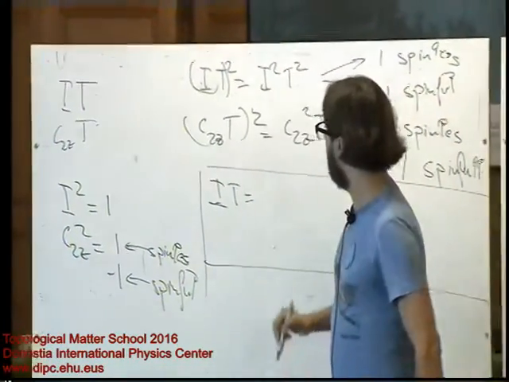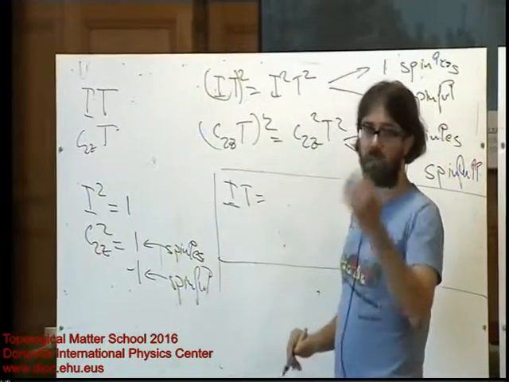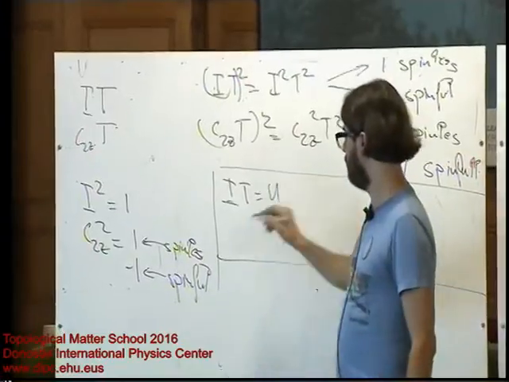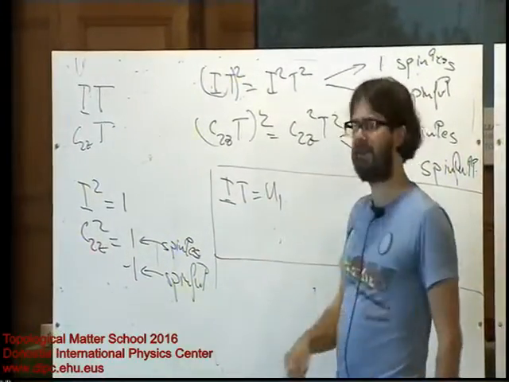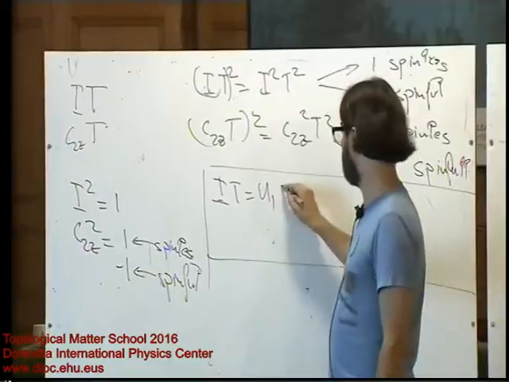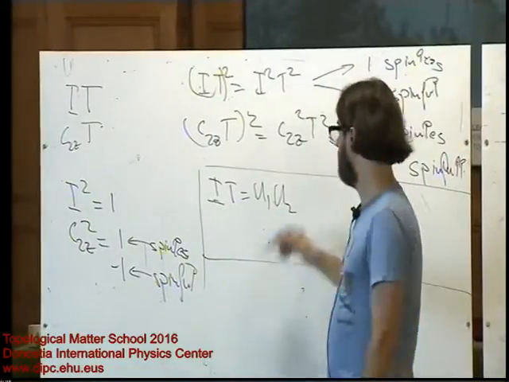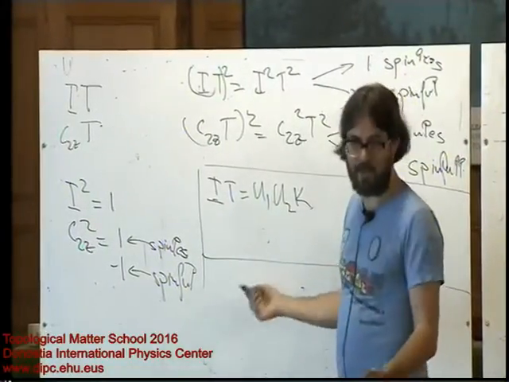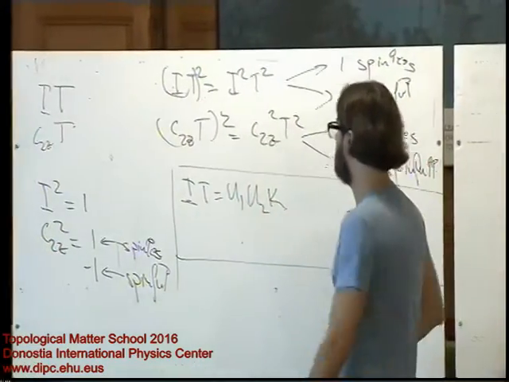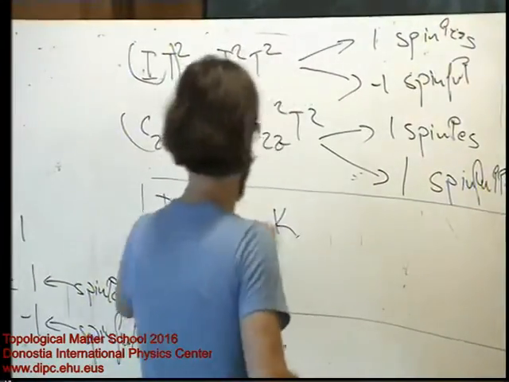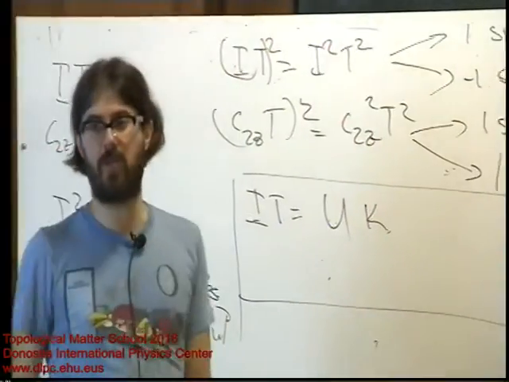Why? Well, inversion is a unitary operator, U1. Time reversal is another unitary operator, U2, times complex conjugation. It's an anti-unitary operator. So I'm going to call this some U times complex conjugation.